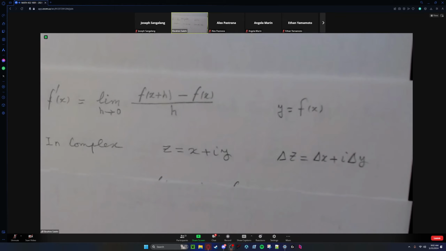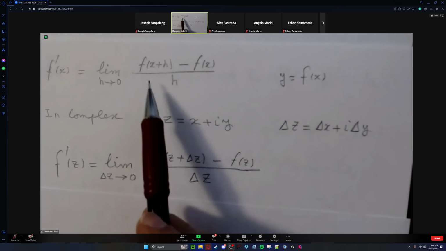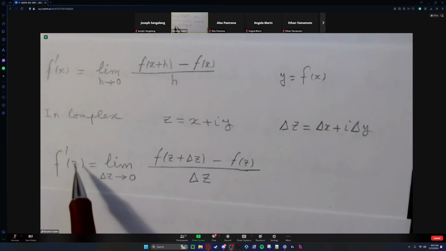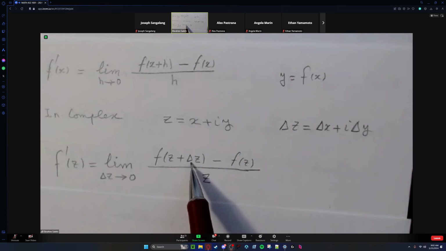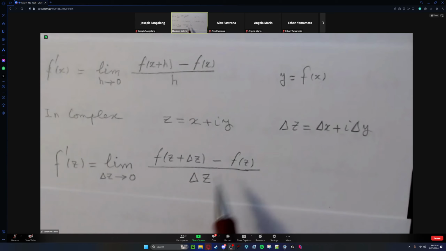I'll tell you what that is. So going through the same definition in complex, the derivative at z is f of z plus, this is your h, minus f of z divided by h.